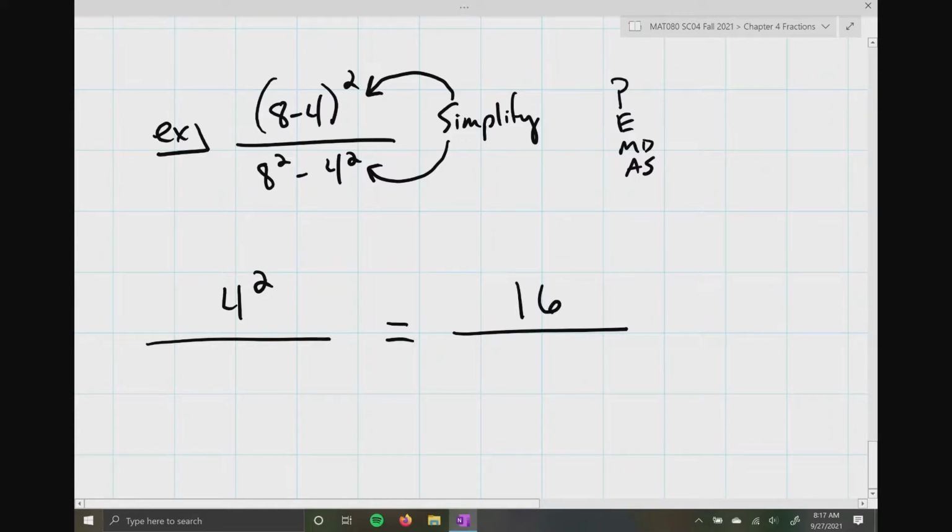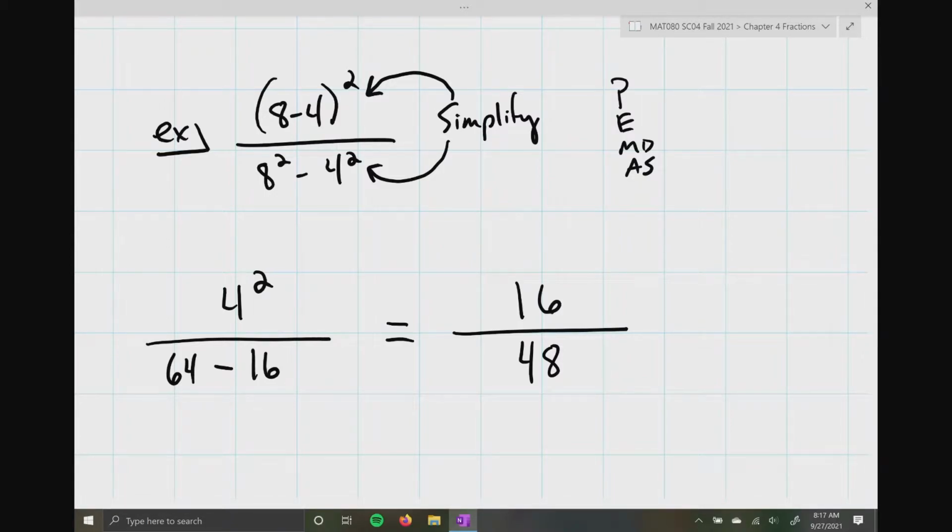Now let's worry about the denominator. Well, you don't have parentheses in a denominator, but you do have exponents. 8 to the second is 64. 4 to the second is 16. Now 64 minus 16 is going to be 48. How are we looking so far, everyone?